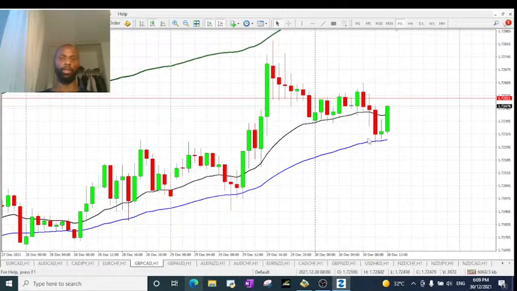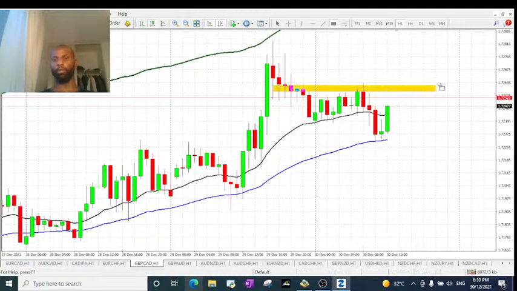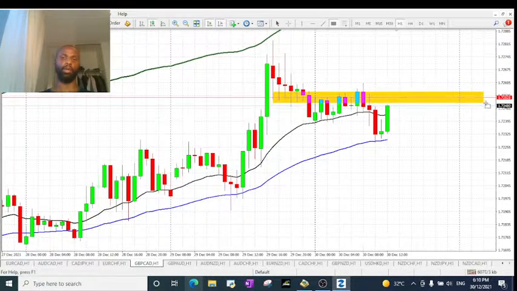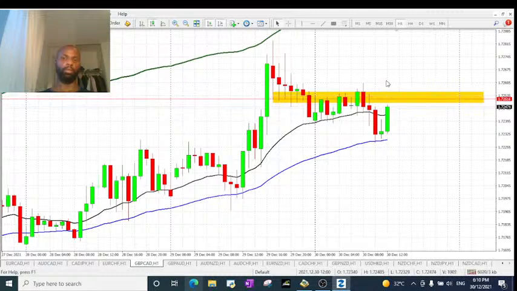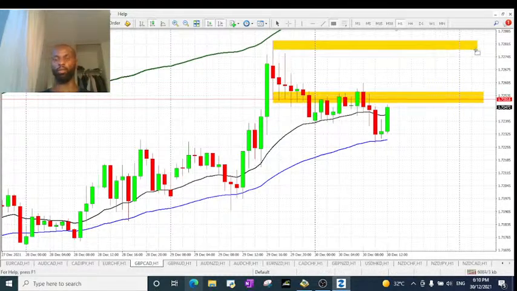I see we took a buy somewhere here. Now it's starting to push up. We might have a little bit of trouble breaking here, but if we break this, then most likely my target of somewhere here will be reached.